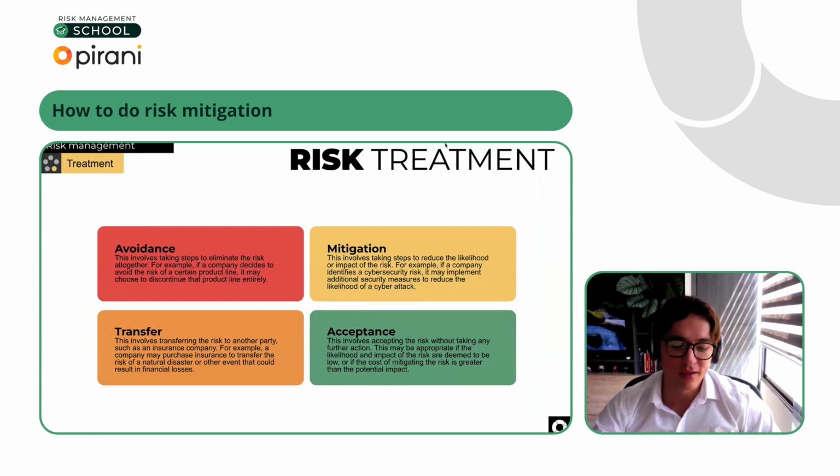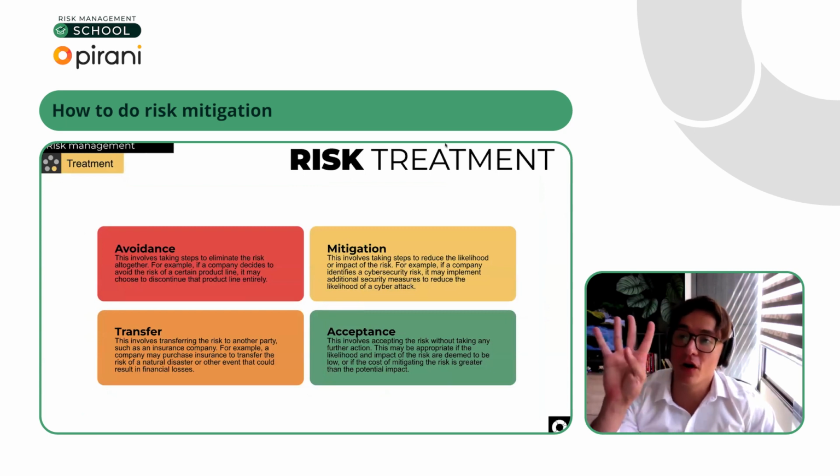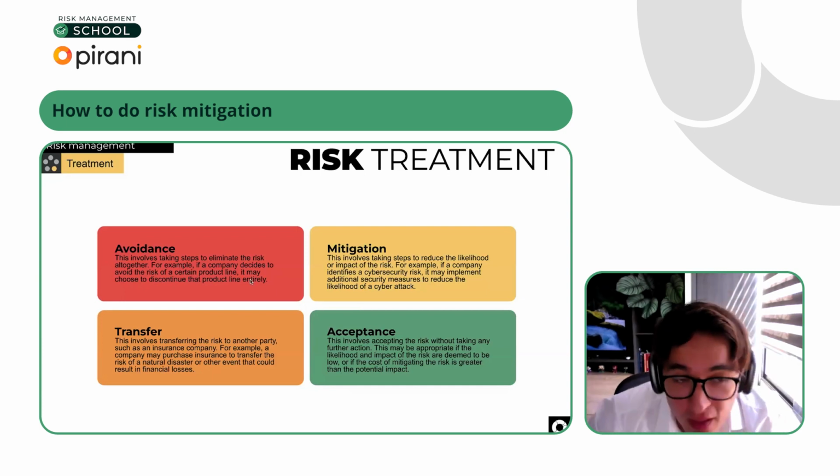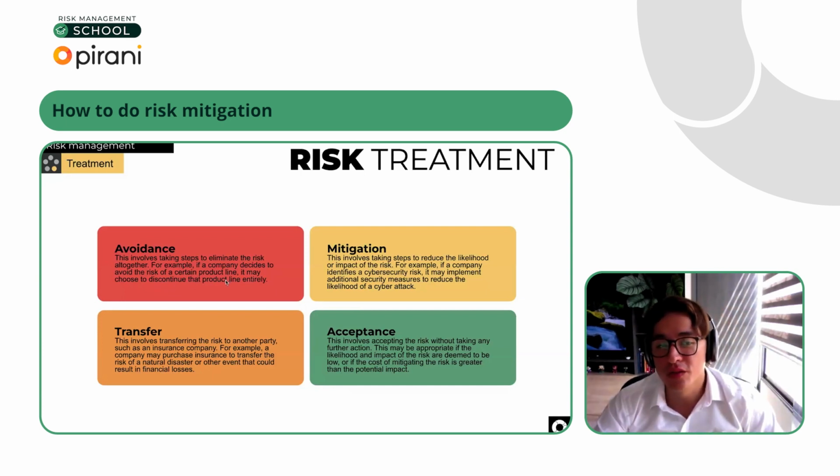Remember that we have 4 options. The first will be avoid. So this involves taking steps to eliminate the risks altogether. For example, if a company decides to avoid the risks of a certain product line, it may choose to discontinue that product line entirely. So remember, the risks really cannot be eliminated.